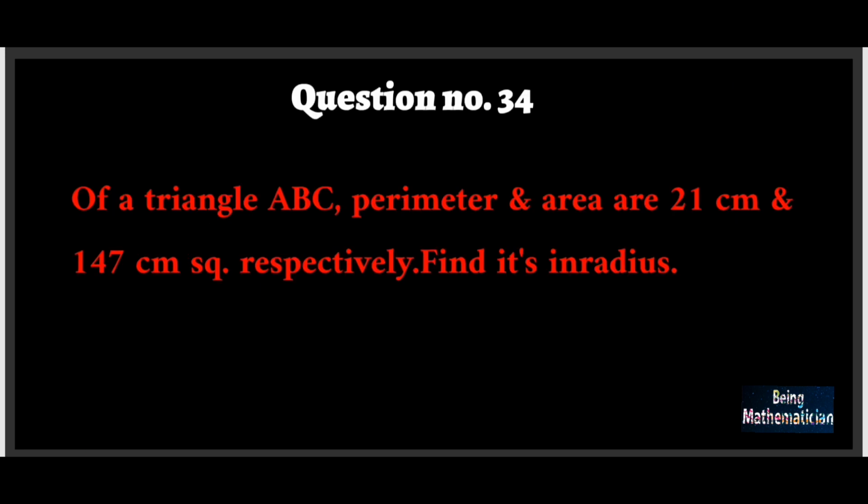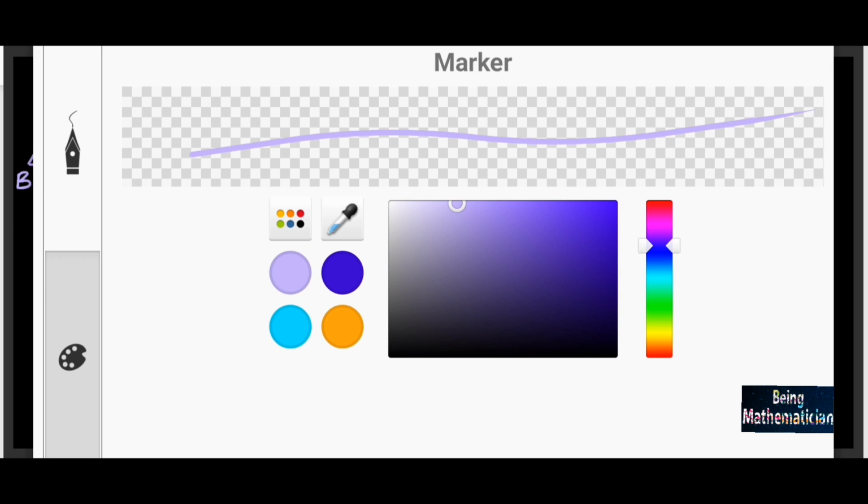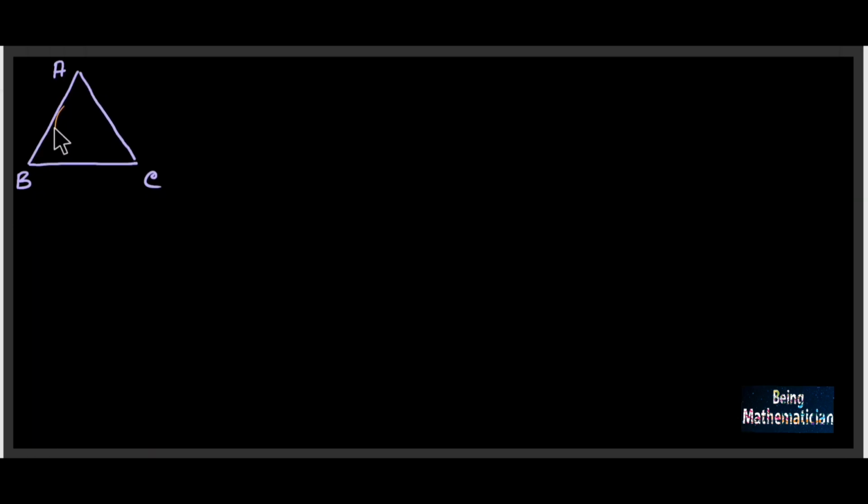Question number 34. Now at first let's draw a rough diagram to solve this problem. Let us assume that this is our triangle ABC and the circle is this, which is an incircle of the triangle.